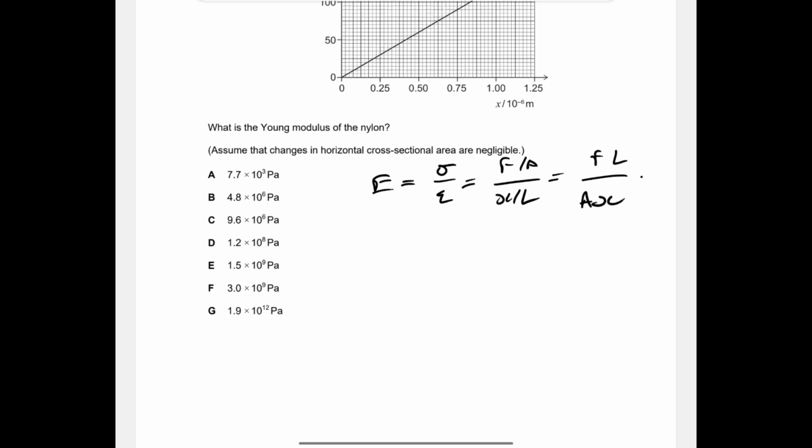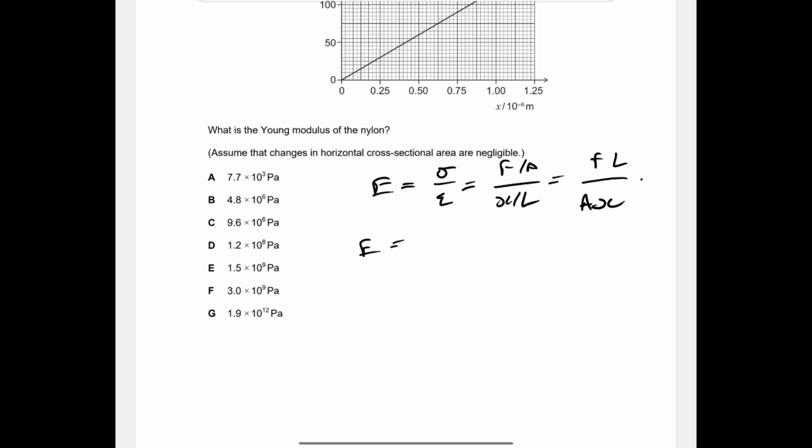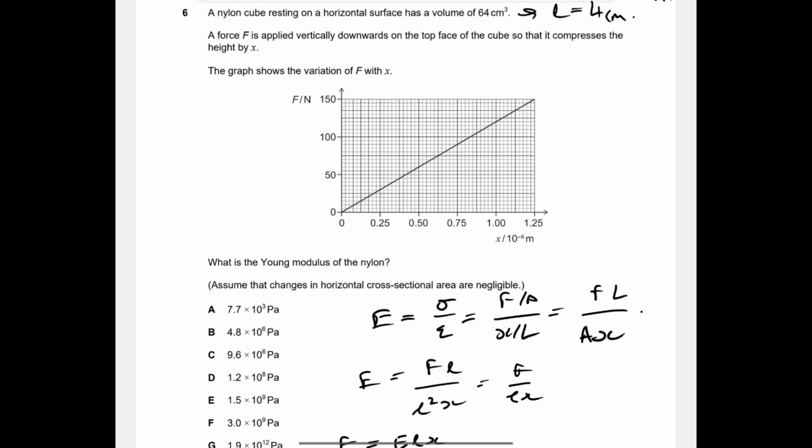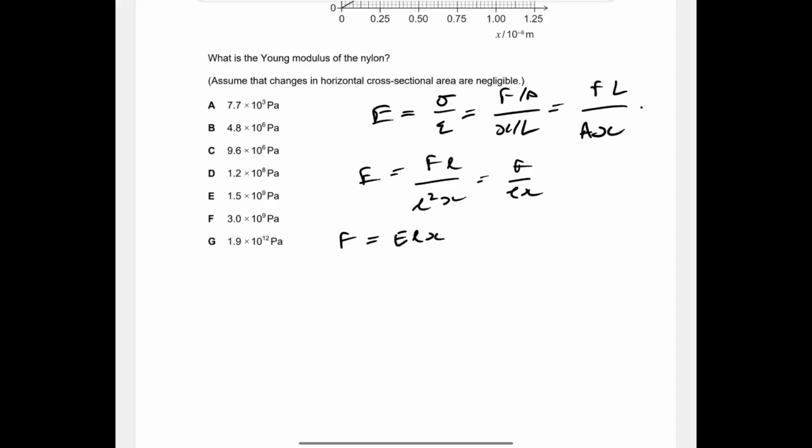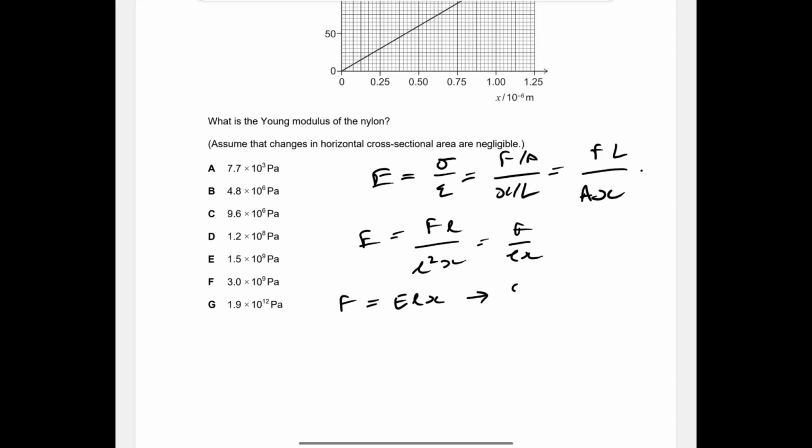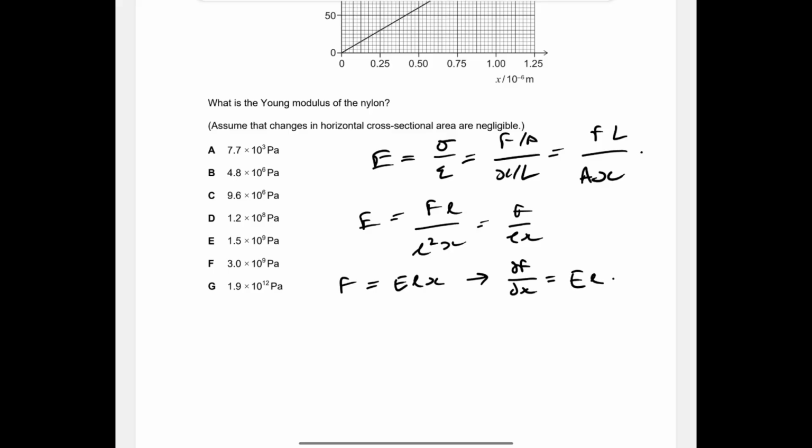Anyways, in terms of the variables we're using, that's FL over L squared x, which is F over Lx. So that means F equals ELx. And then we've got an F against x graph over here, so the gradient of it, dF by dx, is EL.